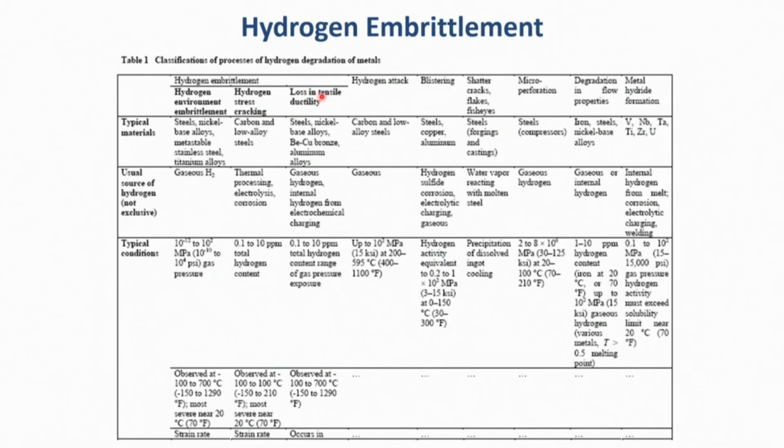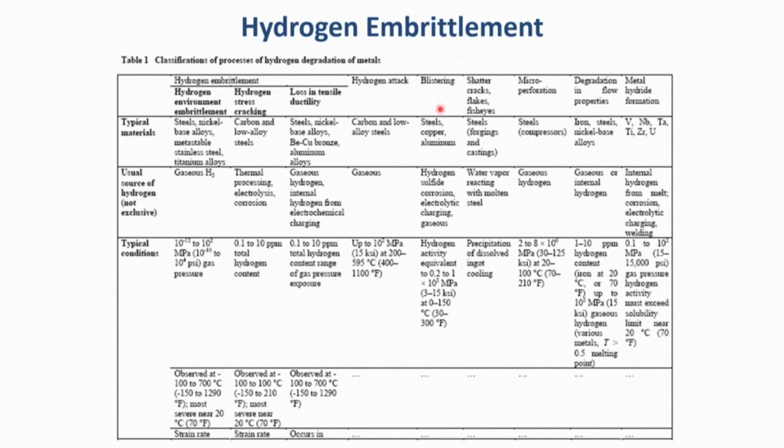There is loss of tensile strength and tensile ductility of the component, when the stress is similar to that of hydrogen stress cracking. This loss of tensile ductility is observed in steels, nickel based alloy, beryllium, copper, bronze, and aluminum alloys. Hydrogen attack is observed in carbon and low alloy steel in a gaseous hydrogen environment where pressure is even higher.